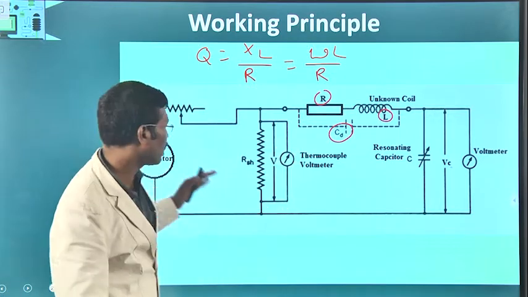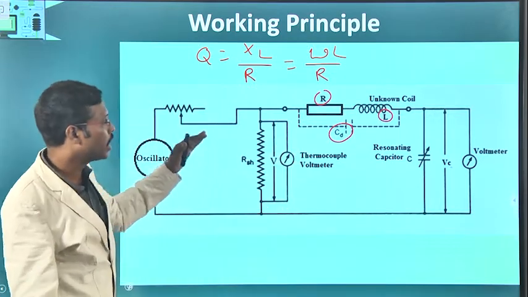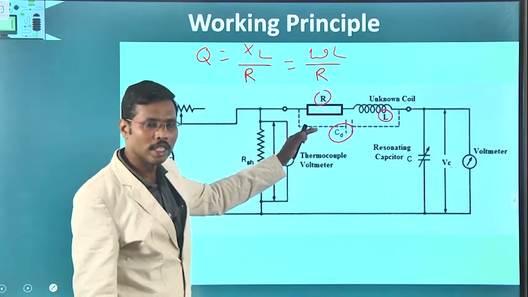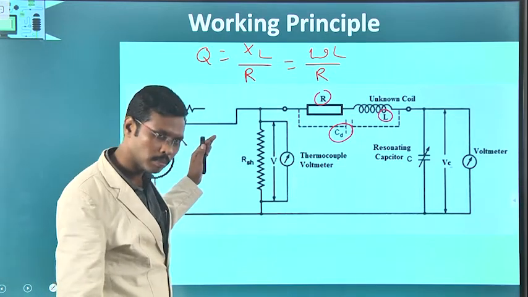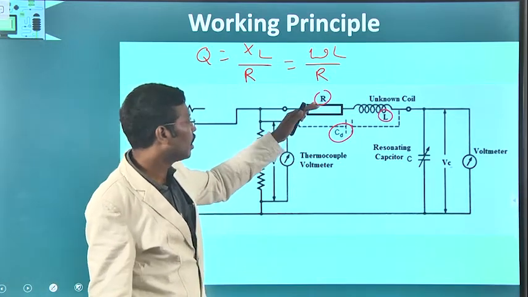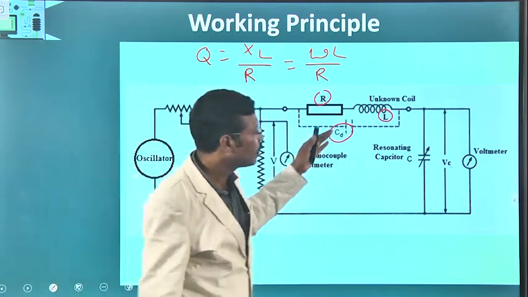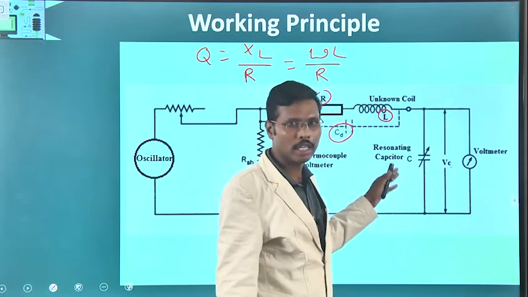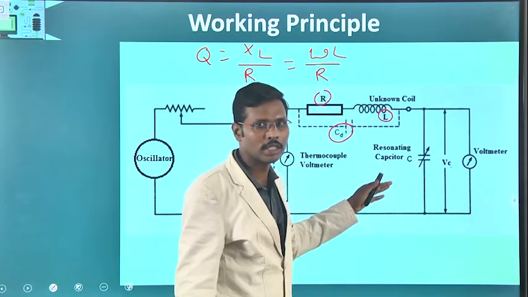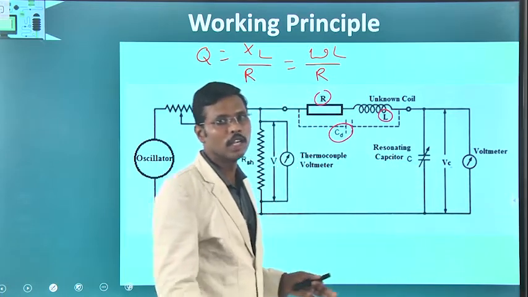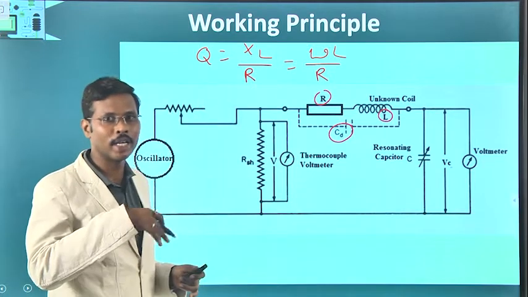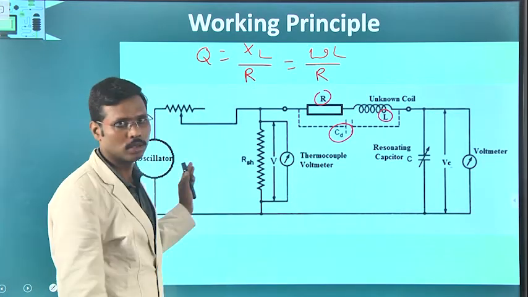The principle is that whenever we connect a resonating circuit in series to a voltage source, and the circuit is made to resonate, then the voltage across the capacitor C will be Q times, the quality factor times, the input voltage source.